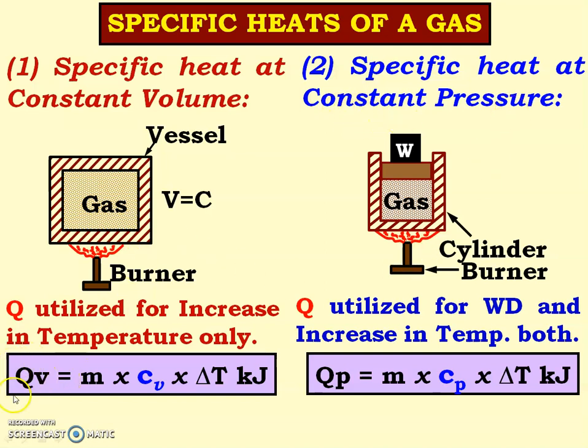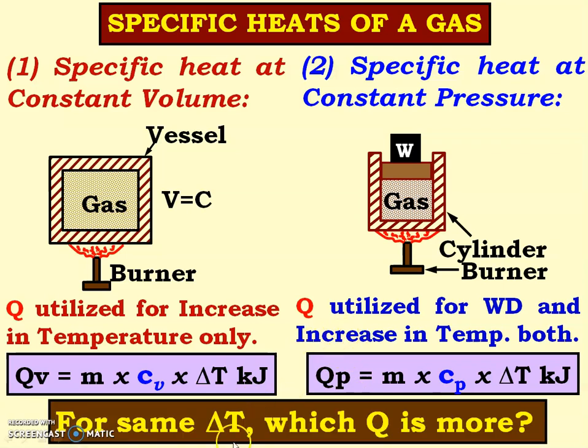It means Qv is less while Qp is more. So for the same delta T, which Q is more? Yes, that we have already studied. Qp is more, for delta T equals 1. Mass is 1, already given. So what happened? Cp is always greater than Cv because Qp is always greater than Qv.